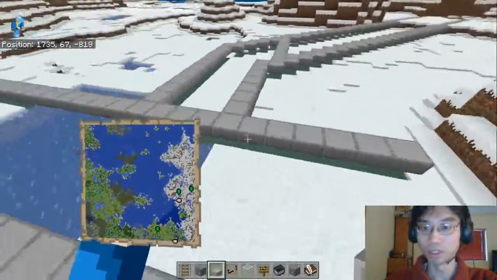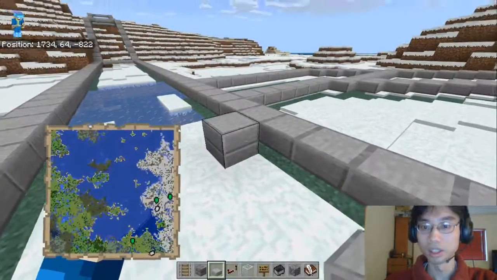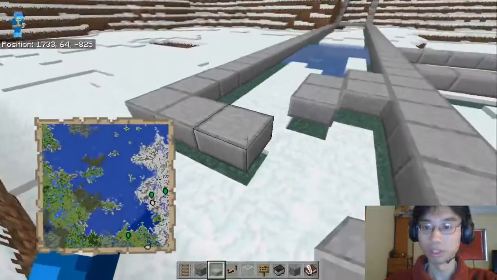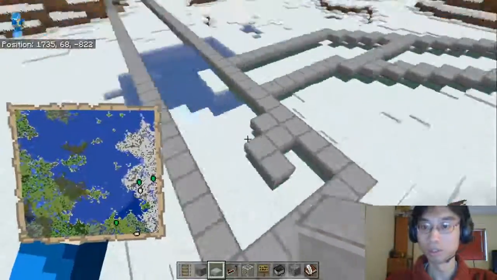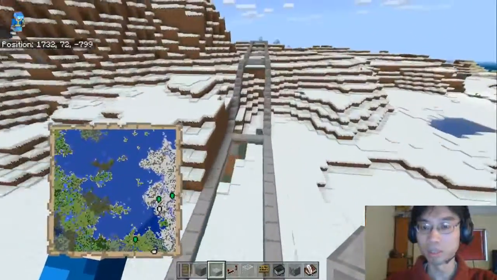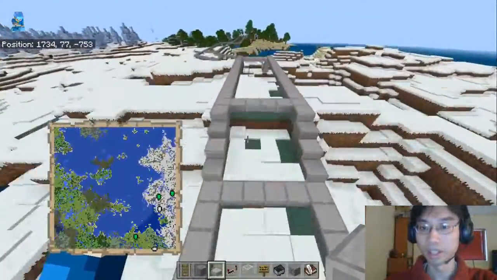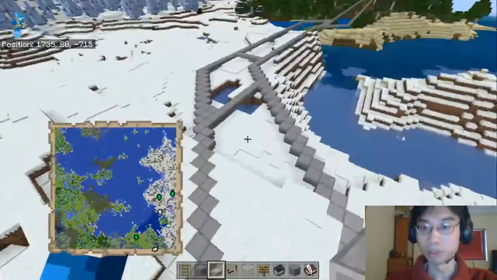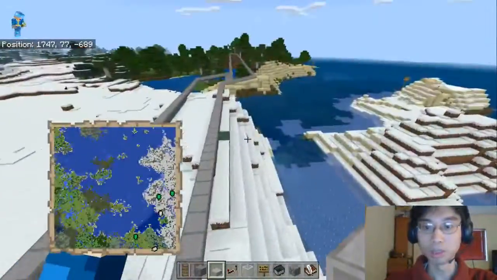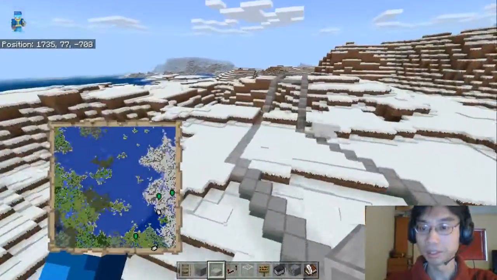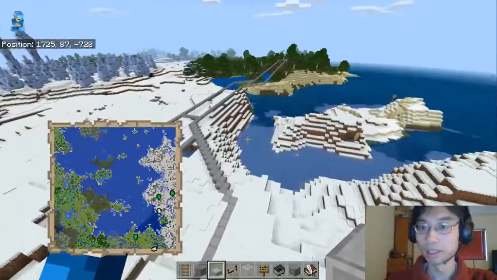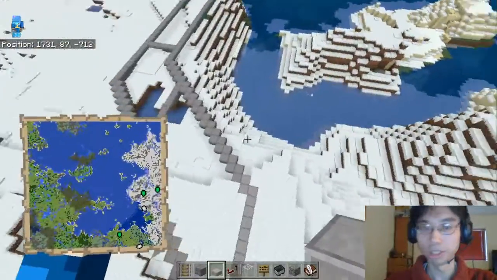We still don't know how to do this junction. If we narrow it to 5, wait, 2, 3, 4, 5, oh, that's not good. 1, 2, 3, this is only 6. Wait a minute, where did I make the mistake? This is not 7 blocks wide. Okay, that's 7 blocks wide. Okay, I made a mistake here. This should be 1 block wider, which should be fine.